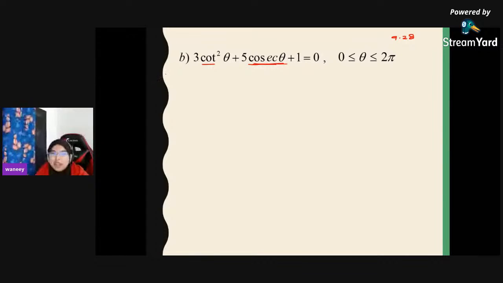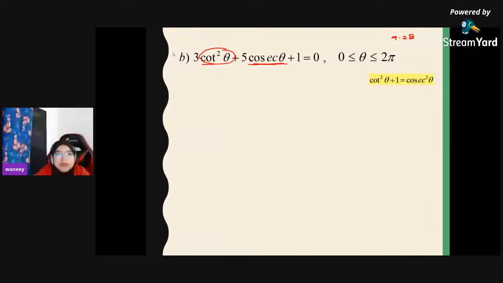The only thing that you can change is the cotangent. So check which Pythagorean identity involves the cotangent as well as the cosecant. Actually, cotangent square plus 1 is equal to cosecant square. So that means cotangent square is actually cosecant square minus 1. So I can easily change everything into cosecant square.